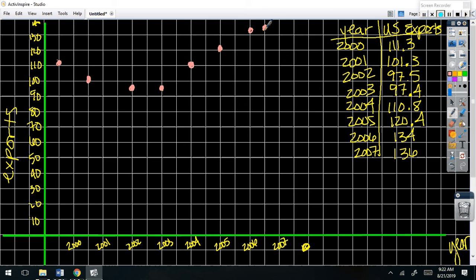Do y'all have any questions about scatter plots? Because you'll have to do a few in your homework. They're not really hard. I just gave you this set of data, U.S. exports in billions of dollars, as an easy example from your book.